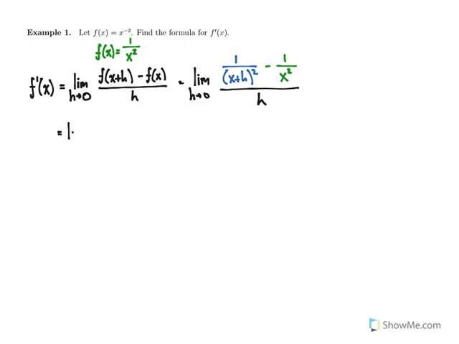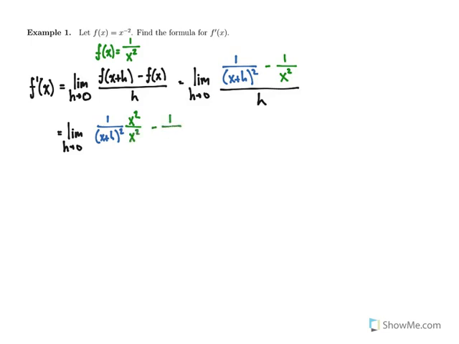So we're going to find a common denominator here, and the common denominator is going to be x plus h squared and x squared. So we're going to take this 1 over x plus h squared, and we're going to multiply it by x squared over x squared.